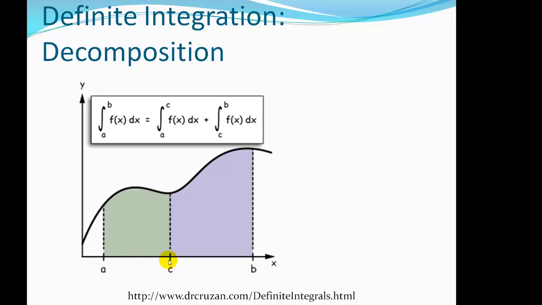For example, if we broke up this interval ab at a point x equals c, somewhere along the interval, the integral of the whole thing would be equal to the integral from a to c of f of x dx plus the integral from c to b of f of x dx. We have a continuous function. We can break it up, decompose it into parts, and the area of those parts should add up to the area of the whole thing.